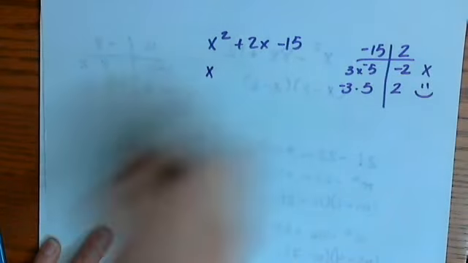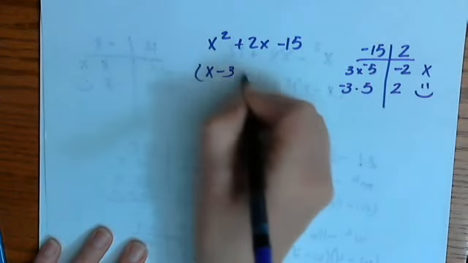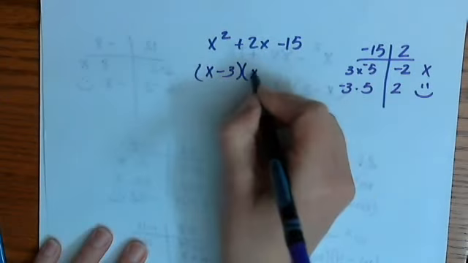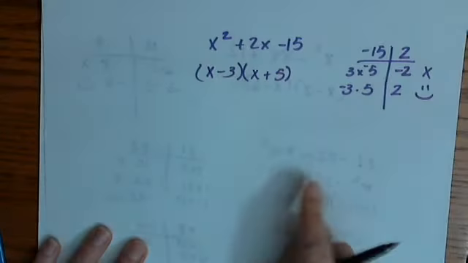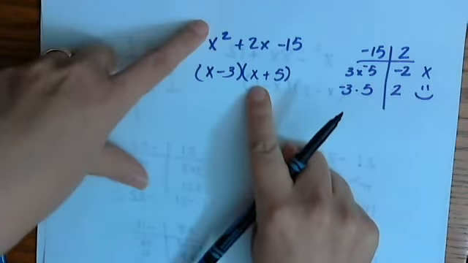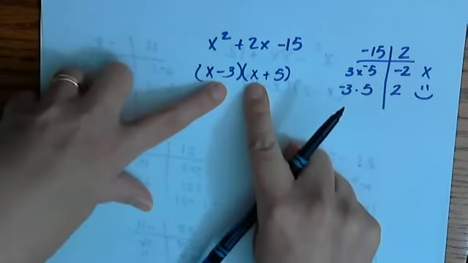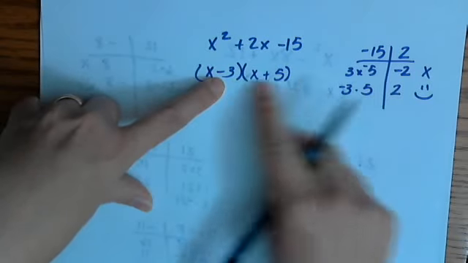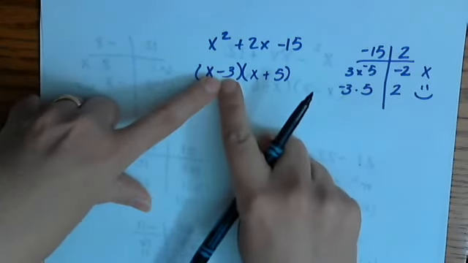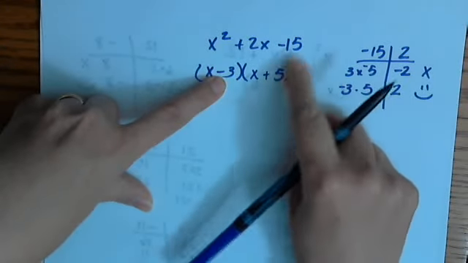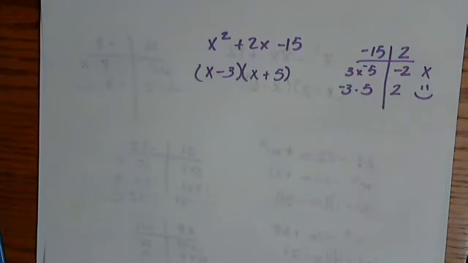That's exactly what I want. x minus 3 times x plus 5. And I'll double check that. x times x is x squared. 5x minus 3x is 2x. Negative 3 times a positive 5 is negative 15. Again, no problem. We can do these.